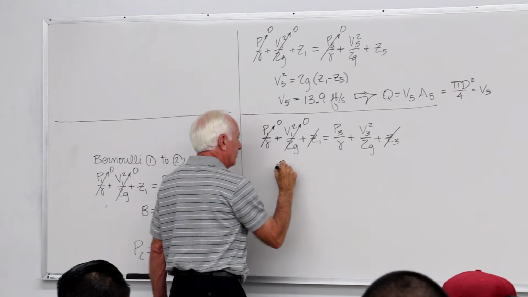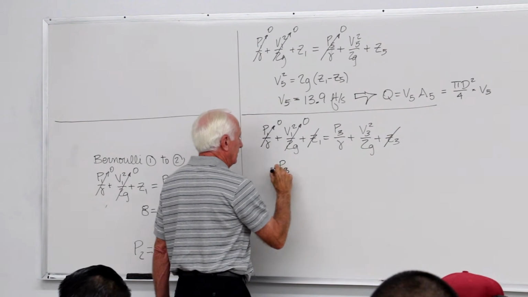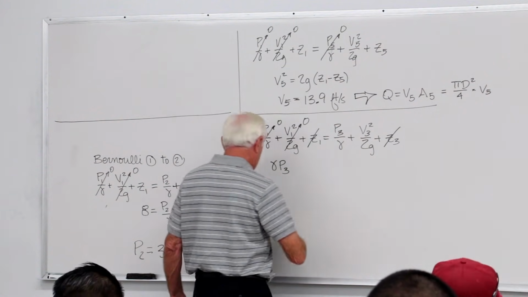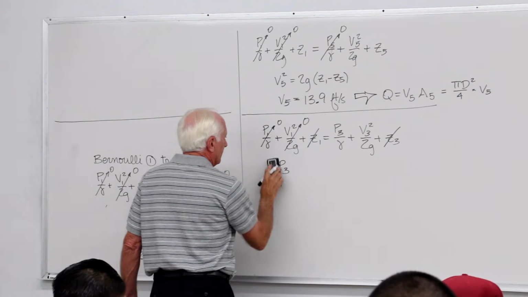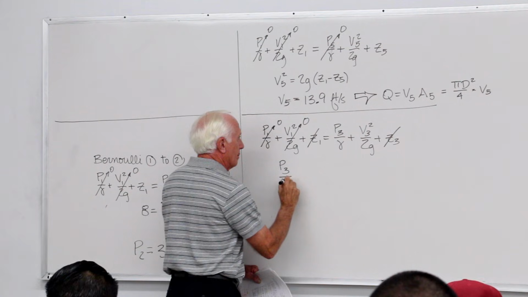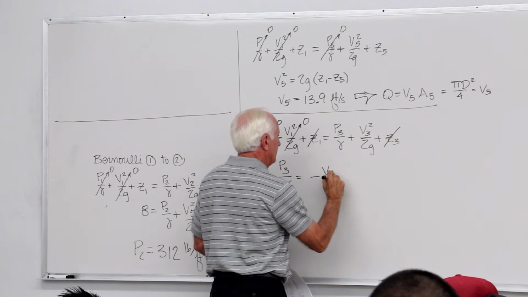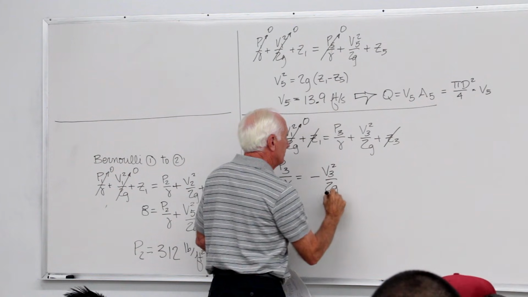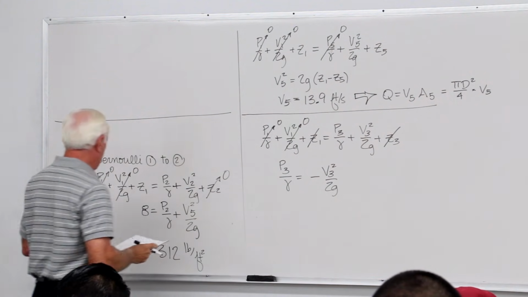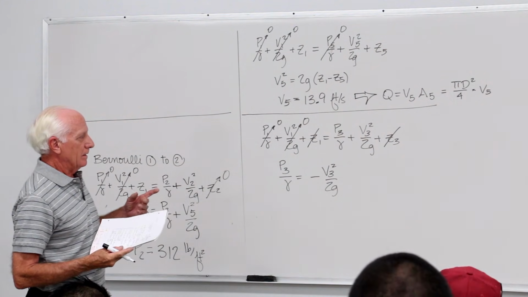So, P3 and P3, minus V3 squared over 2G. Okay, here it comes again.